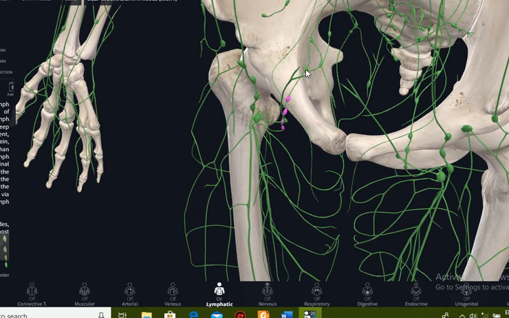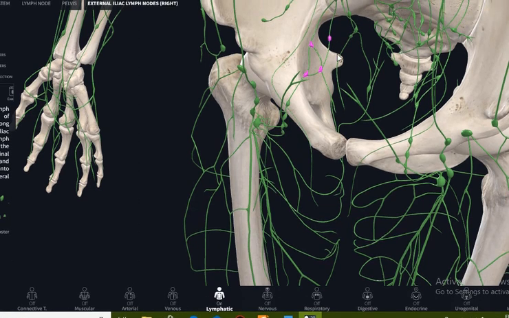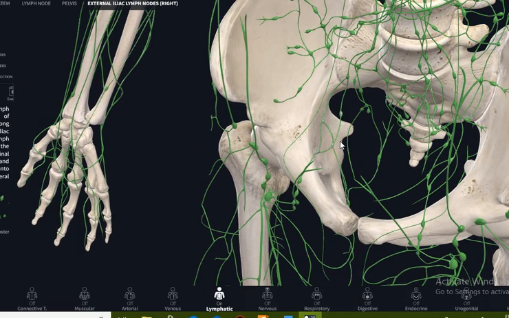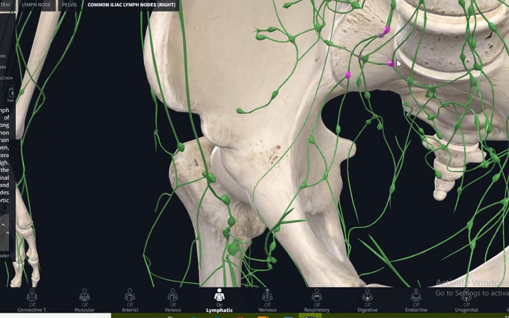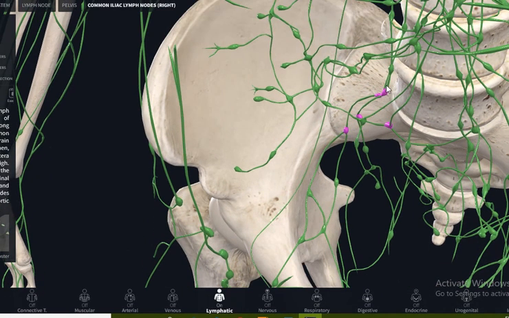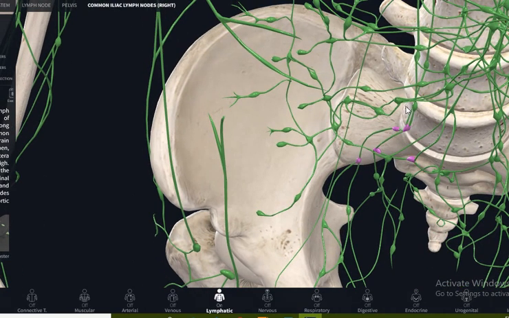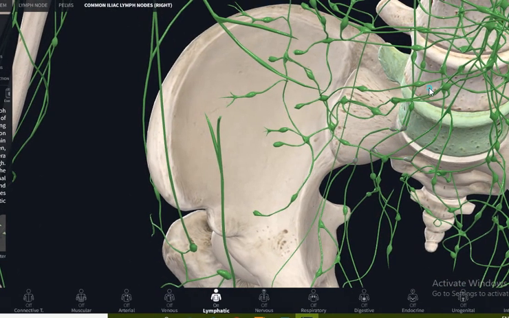The deep inguinal lymph nodes continue and give to the external iliac lymph nodes. The external iliac lymph nodes are going to give to the common iliac lymph nodes, just as in the circulation. The common iliac lymph nodes are going to send back to this lymph node here.